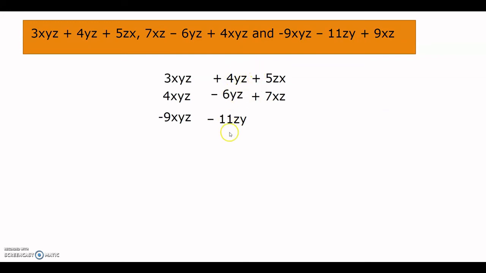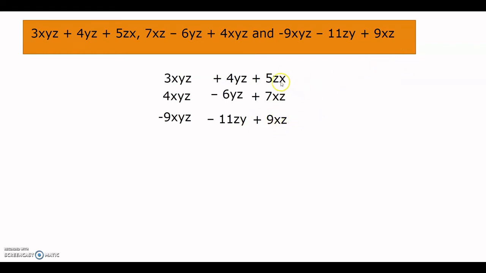As you notice, on the top we have yz and here we have zy. They are still the same, or they are still like terms because they have the same variables, y and z or z and y. Next, we have 9xz.